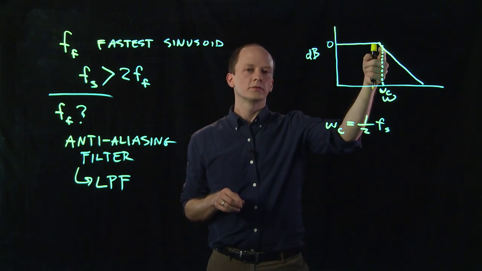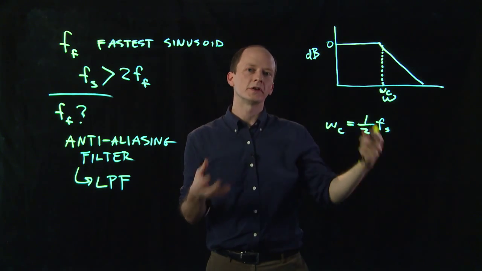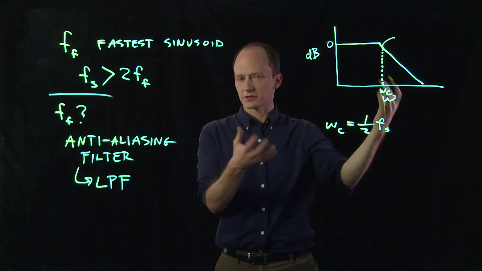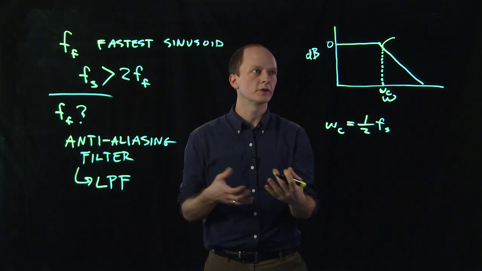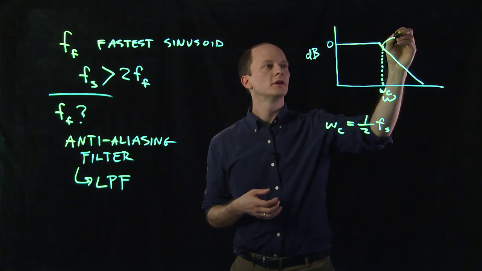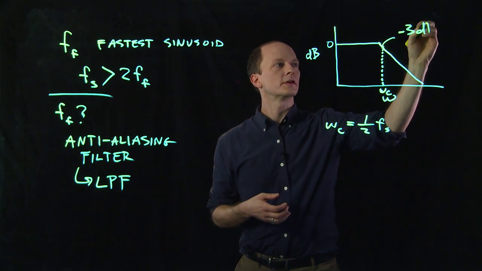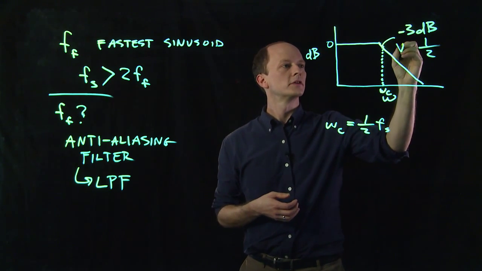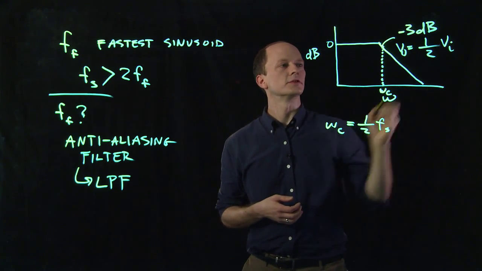We could do that, but this really won't prevent aliasing. Remember that for a low-pass filter, especially for a Butterworth filter, which we've been working with, at the cutoff frequency it only drops by 3 decibels, which corresponds to 1/2 of the input voltage.